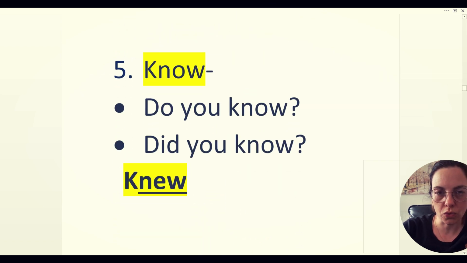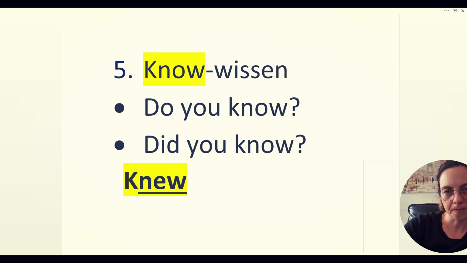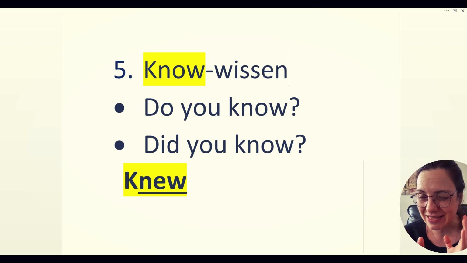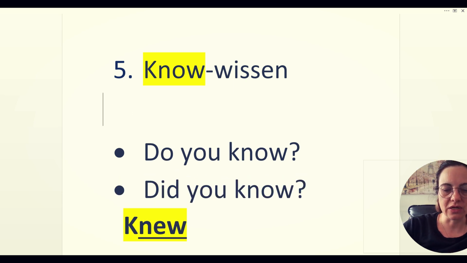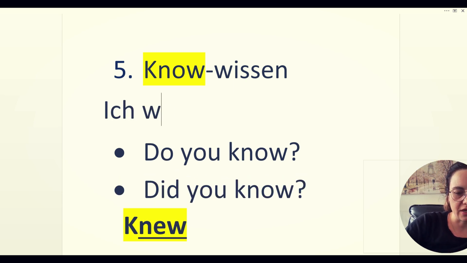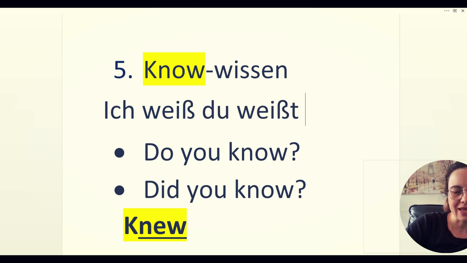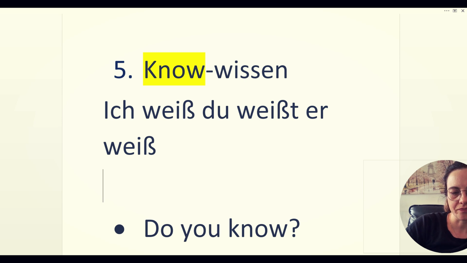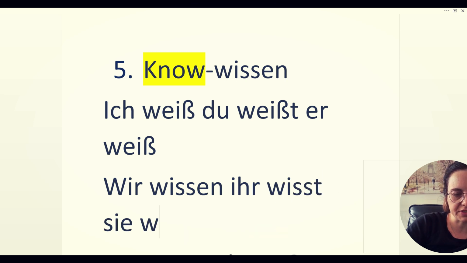Let's move on to know. Know is wissen. Wissen is a little bit peculiar, so let's conjugate it here. It's irregular. Ich weiß, du weißt, er sie es weiß. And then in plural, it's regular. Wir wissen, ihr wisst, und sie wissen.